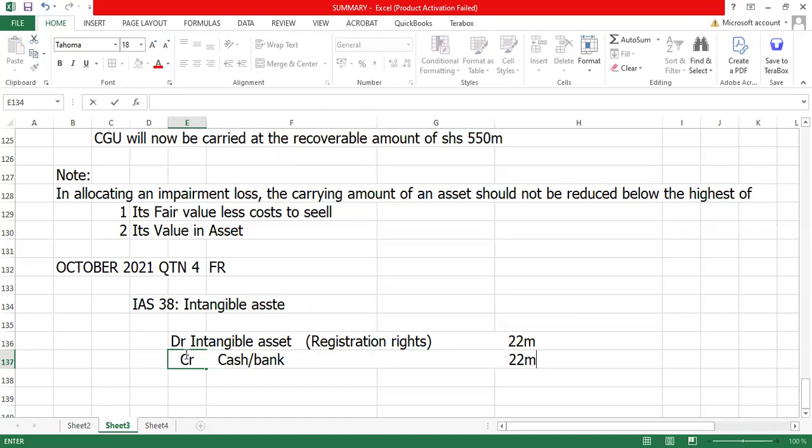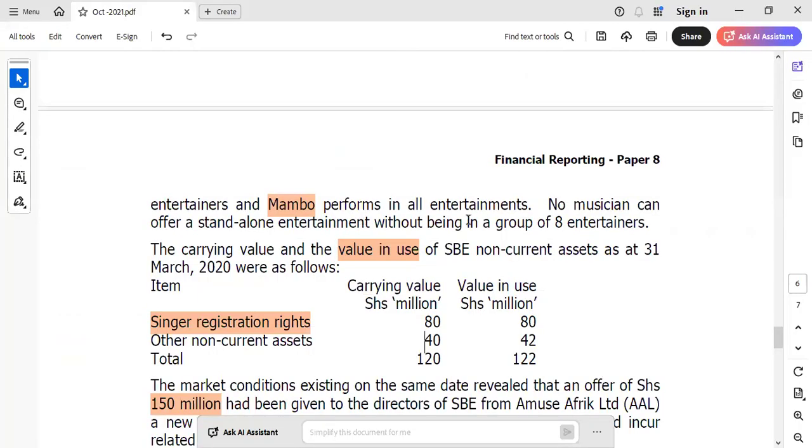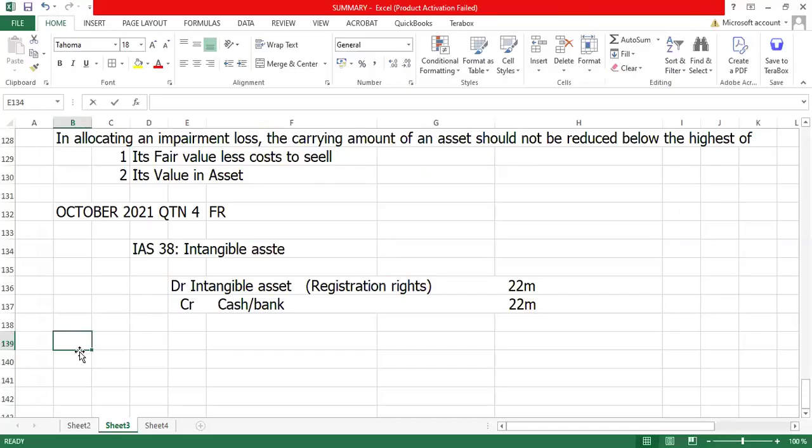Then, of course, here we are told that Mambo's performance was good at the start, but later deteriorated. So it means that here, once you see that, you think about applying IAS 36.